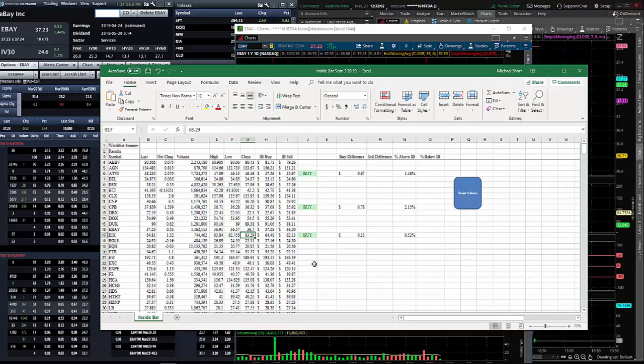If I'm looking at a buy, I take the high of yesterday and multiply it by 1.01, which is 101% of that high. 37.28 is our trigger price. We're trading 37.23 right now, so when we ticked 28, that was our trigger to buy.